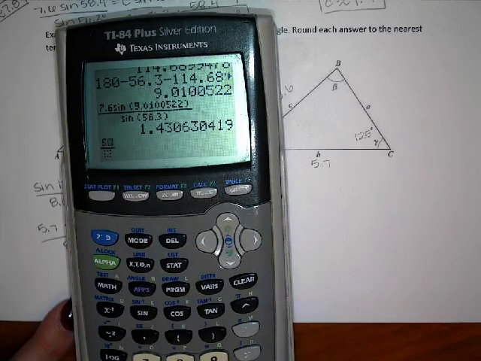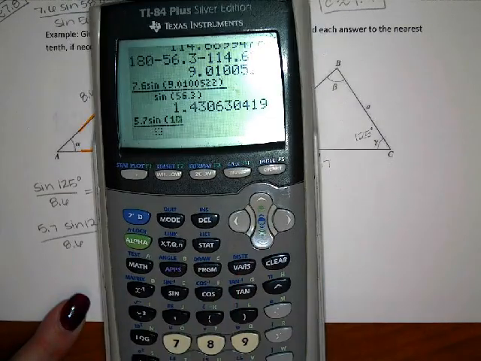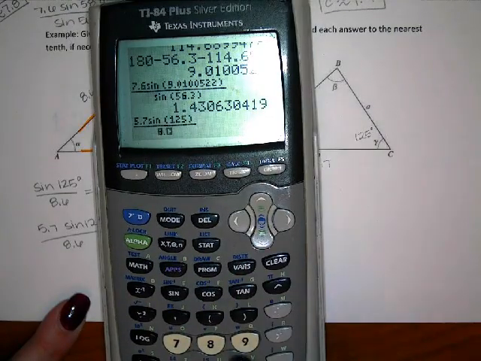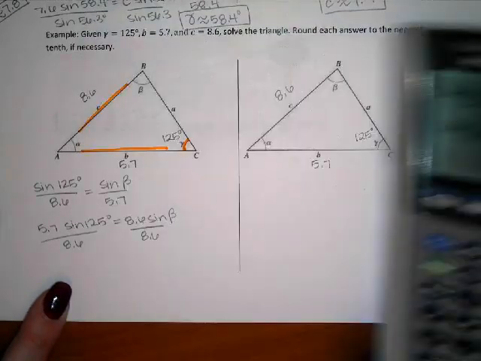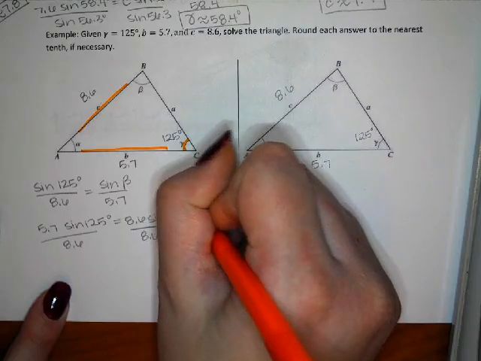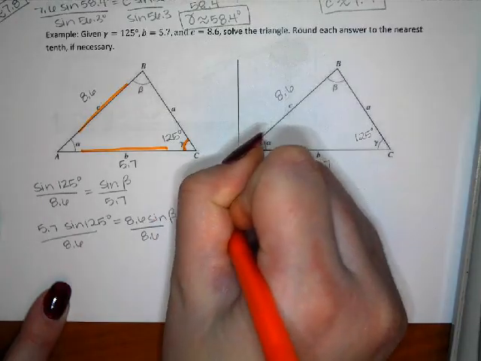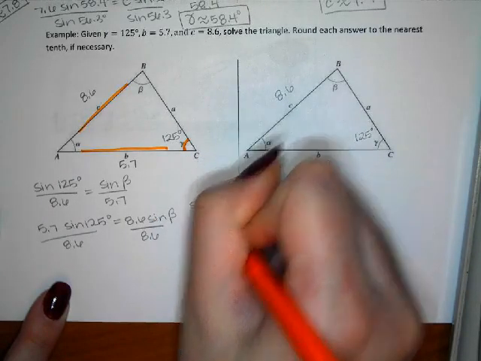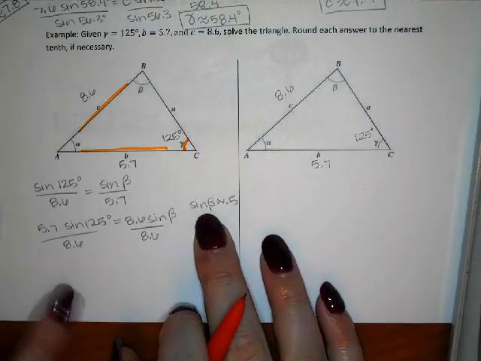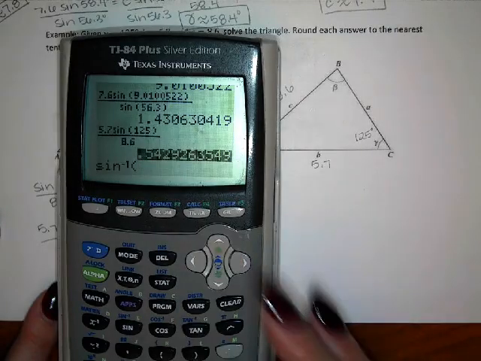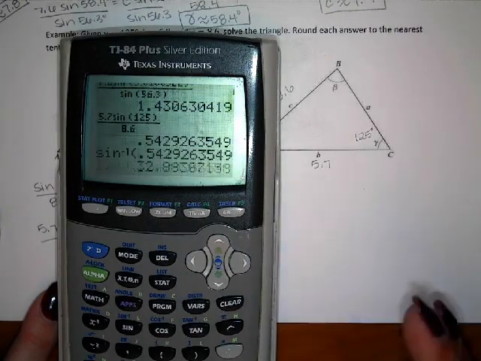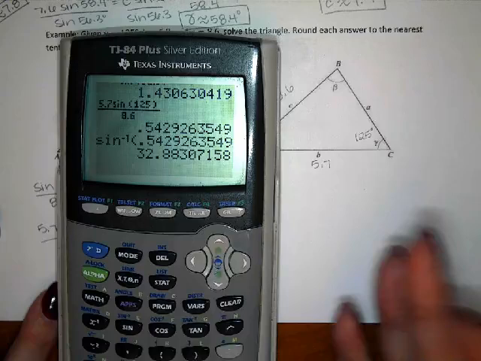And so this decimal equals sine beta. So sine beta is approximately 0.5. And then from here, I can solve for beta. So sine inverse of this decimal is about 32.9 degrees. So beta is approximately 32.9 degrees.